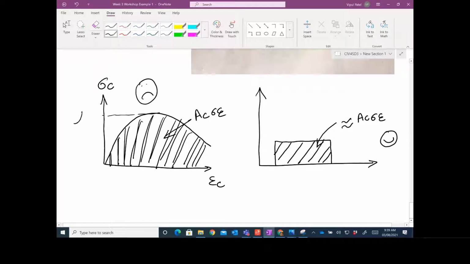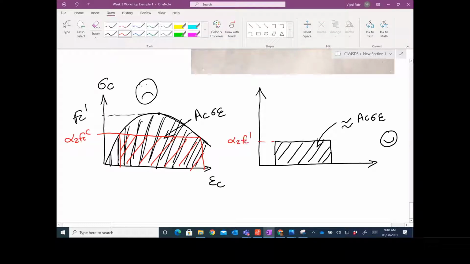You have this alpha 2, and fc dash is 32 megapascals in our case, because this is the maximum concrete compressive strength. After this, it goes down. So the standard says that's okay, I will replace it with something like this, and your fc dash becomes alpha 2 fc dash.